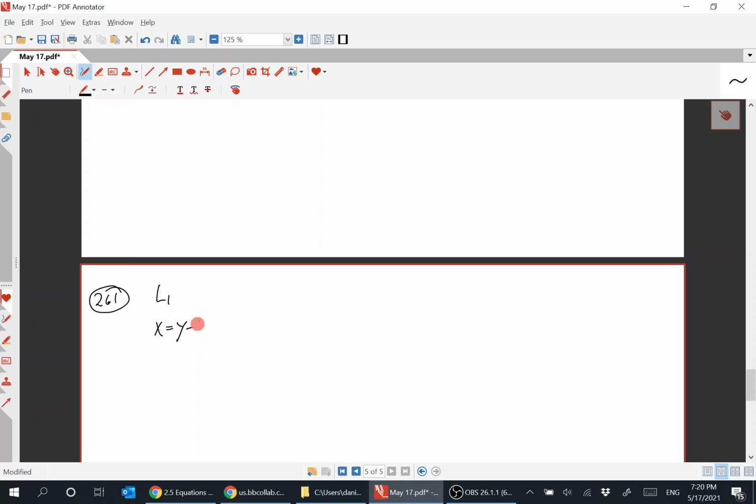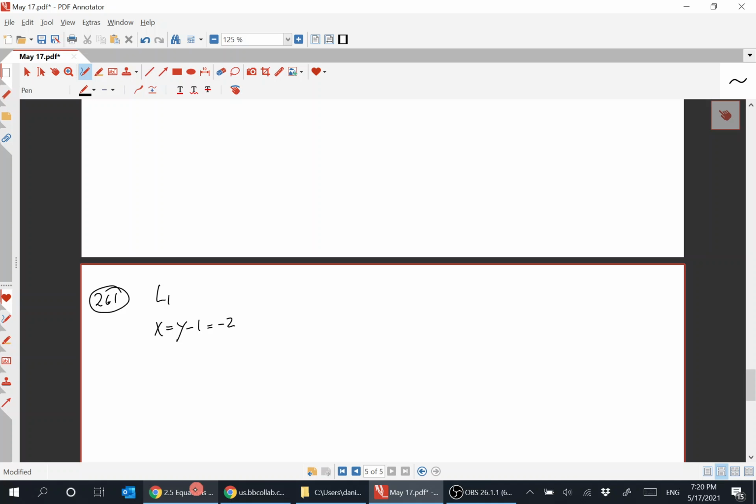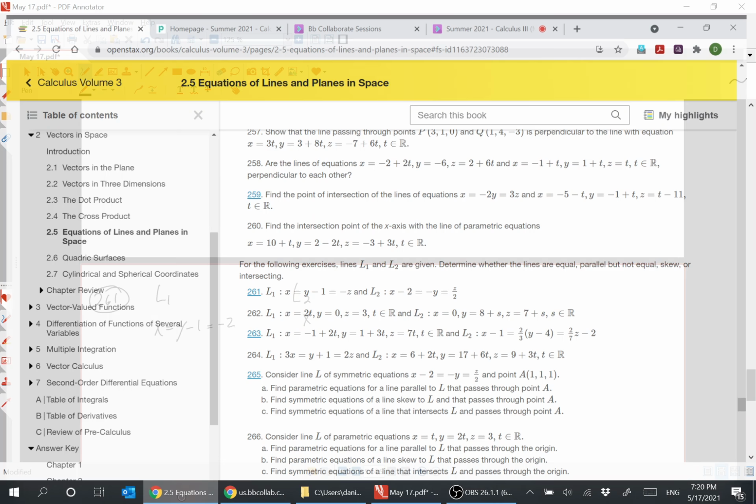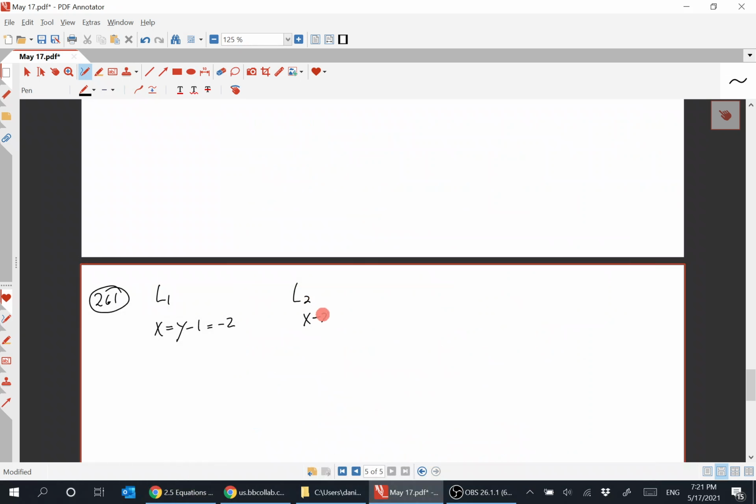First of all, it's not an equation because it's got three parts to it. Equals minus z. And then L2 is x minus 2, minus y, z over 2. Essentially these are all solved for t. So you can set all of that equal to t.